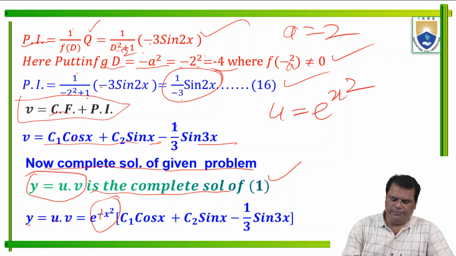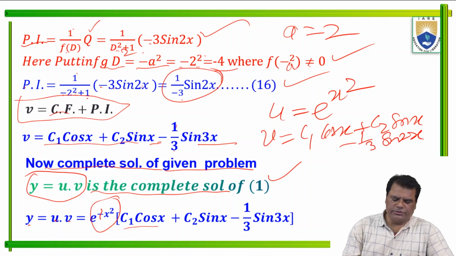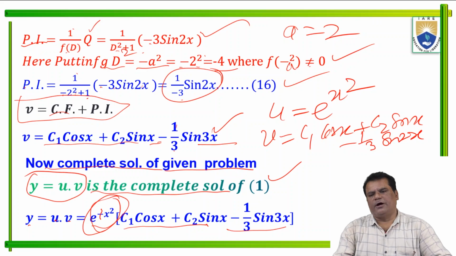And this is v; v is C1 cos x plus C2 sin x, and here minus 1 upon 3 sin 2x. So this is the complementary function plus the particular integral. This is the value of v, and this is u. So this is the complete solution of the given problem.